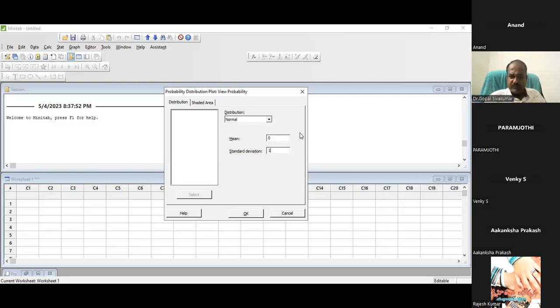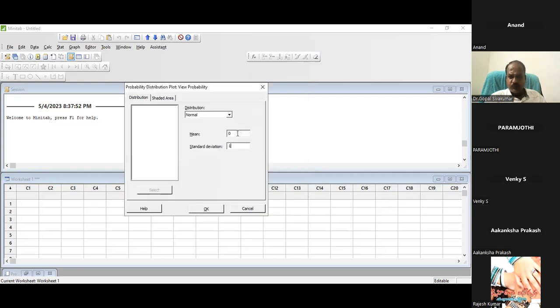But here, how much is the average? 0. If you assume average equal to 0 and standard deviation equal to 1, it should be called standard normal distribution. That is the difference. Normal distribution always has some average and some standard deviation. If you transform the average to 0 and standard deviation to 1, it will be known as standard normal distribution. Is it clear to all of you?